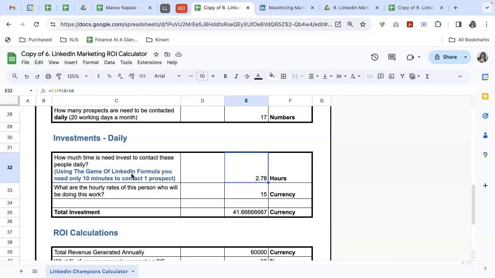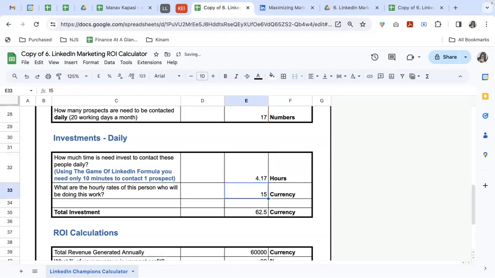So for reaching out to these 17 people in a day, E28 is the 17 people times 10 minutes, divided by 60, because there are 60 minutes in an hour. As I said, if your team takes 15 minutes or 20 minutes to reach out to a person, you can make the changes over here. Right now you're seeing 41.66. If I make it 15, this number changes.